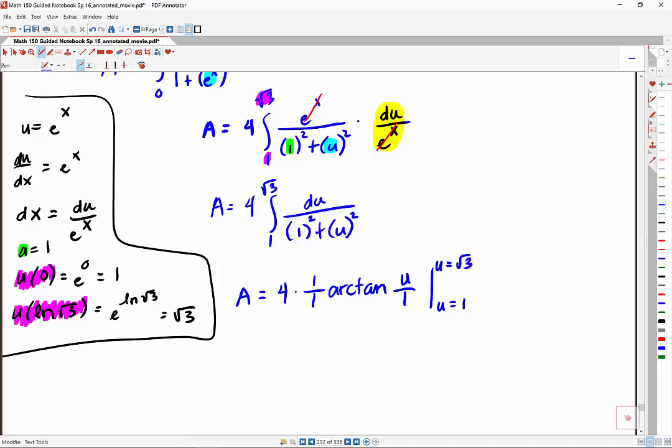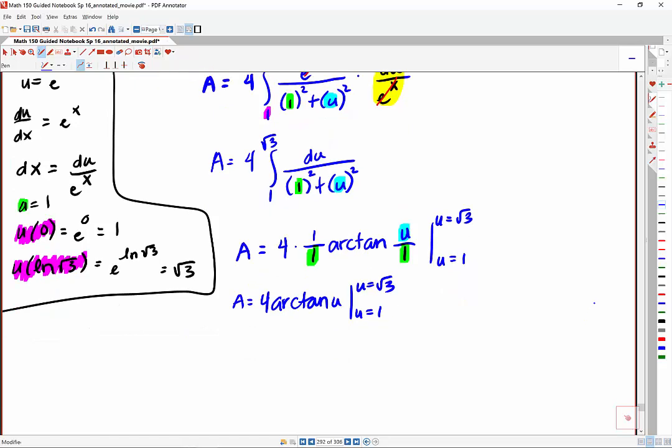So this was our a, and then our u stays because we changed our limits of integration. And so here we go. The area, cleaning it up, will just be 4 times arctangent of u, evaluated from u equals 1 to u equals root 3.